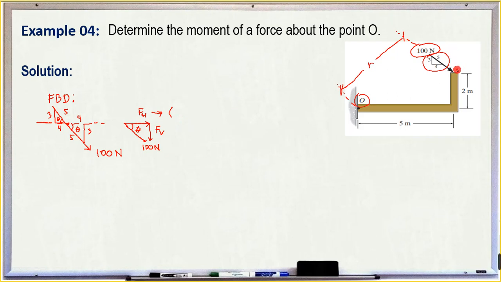Diri class ako i-drawing, mao ni imong horizontal, then mao ni imong vertical. With respect to our axis of rotation kaning point O, unsa man si horizontal force, maka-cause ba siya og clockwise nga moment or counterclockwise nga moment?